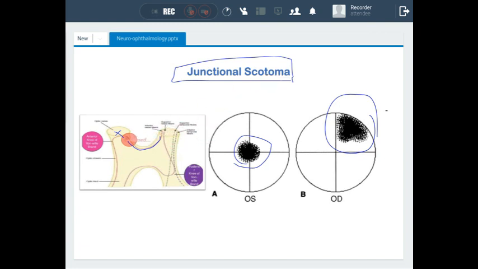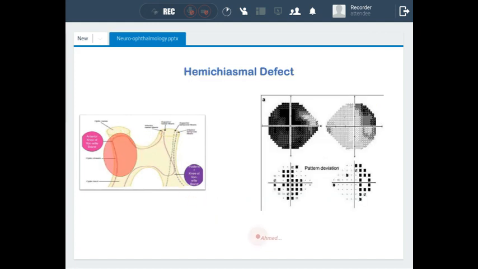If the lesion starts to enlarge further, this will lead to what's called a hemichiasmal defect. In a hemichiasmal defect, there is involvement of the optic nerve on the same side and the optic tract on the same side. That's why it can lead to blindness of one eye.